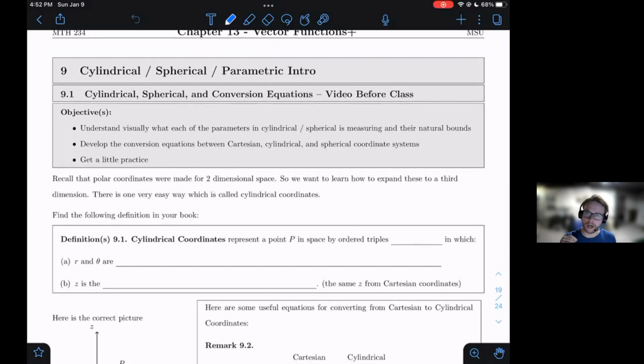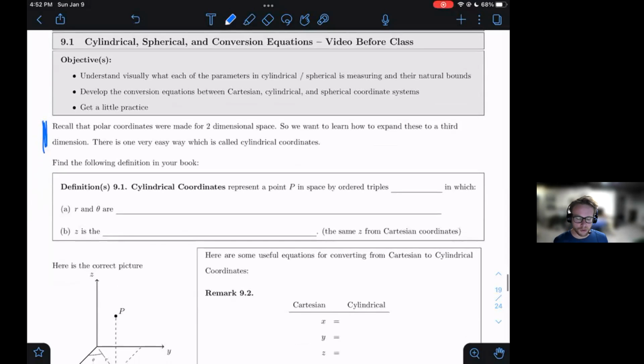So first of all, we're going to talk a little bit about cylindrical coordinates, which is basically an upgrade of polar coordinates. So right now, maybe look around here, right? Polar coordinates in two-dimensional space. We're going to expand these to a third-dimensional space. And one reasonable way to do this is going to give us cylindrical coordinates.